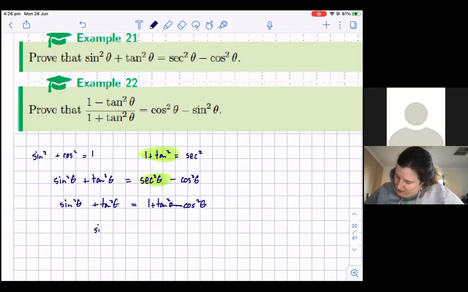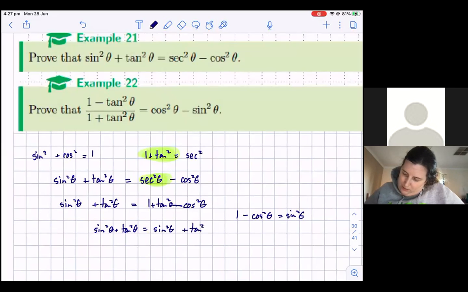So sine squared theta plus tan squared theta equals 1 take cos squared is sine squared. So we've got sine squared and tan squared. Left-hand side equals right-hand side.